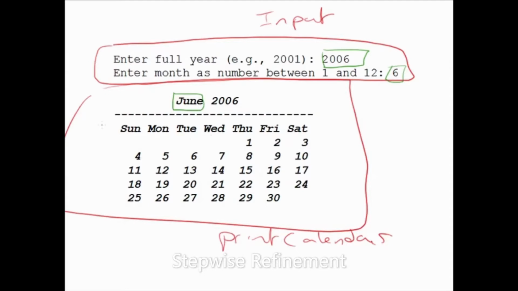Next up, we're printing this calendar out in a particular format. We need to know what day the particular month starts on, because not every month is going to start on Sunday. Similarly, we need to know what day the month ends on, or in this case, how many days there are in the month.